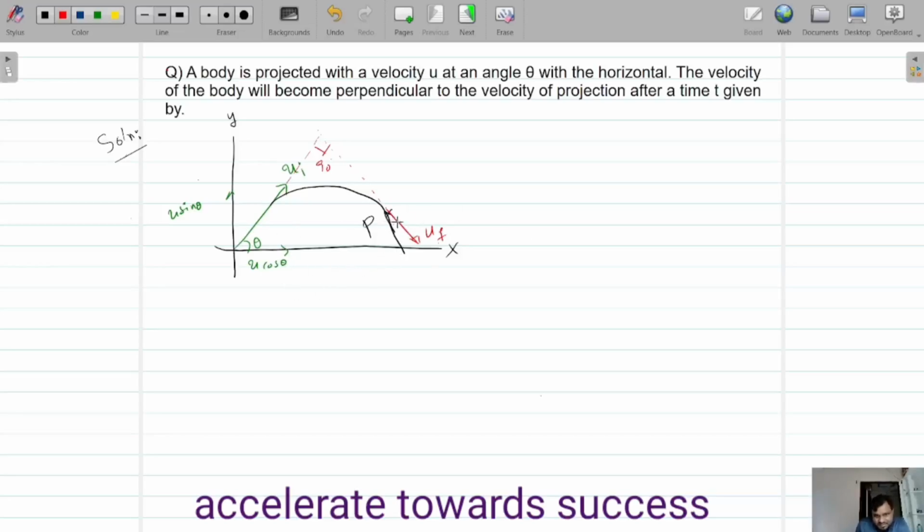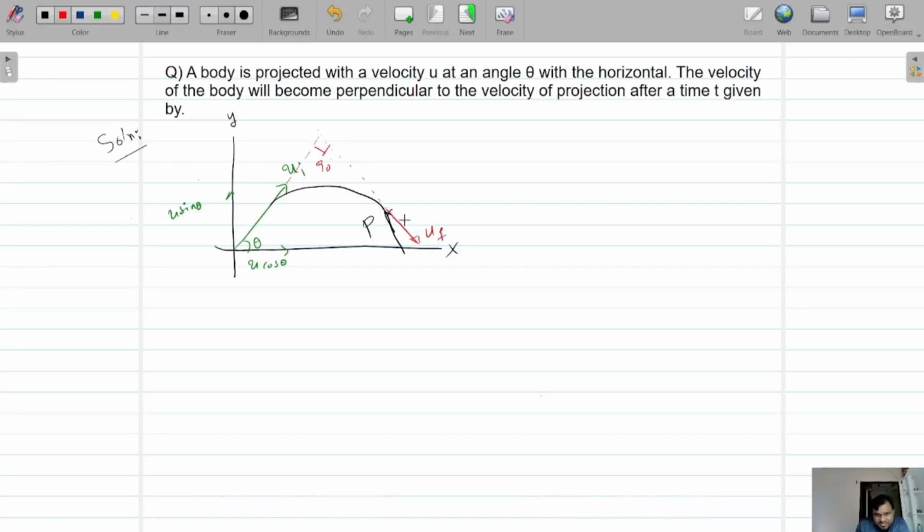Now if you split velocity into two components at point P, along the horizontal u cos theta will come. Why? Because along the horizontal the acceleration is 0, the speed remains the same, constant, so u cos theta will come. But along the vertical, this is the velocity along the x-axis at point P, and the velocity along the y-axis at point P is equal to uy minus gt.